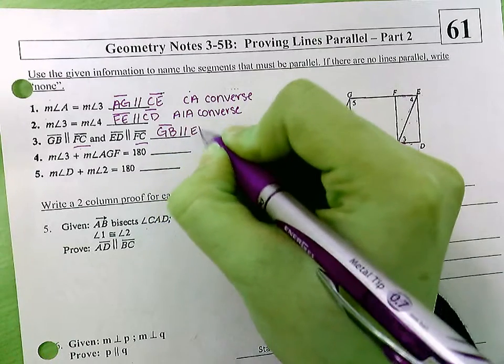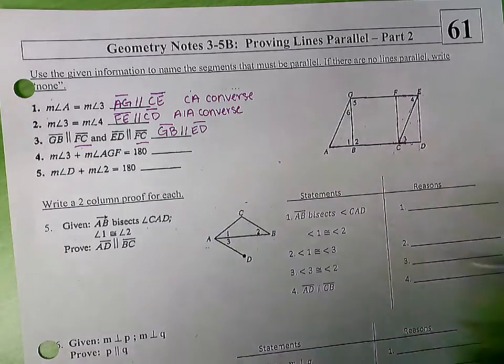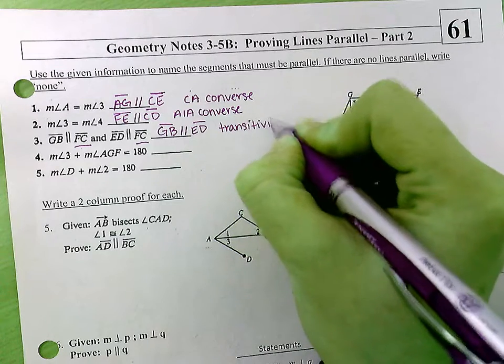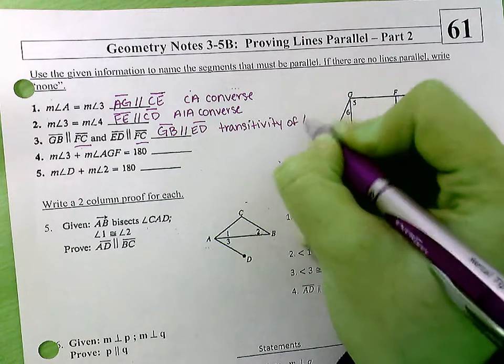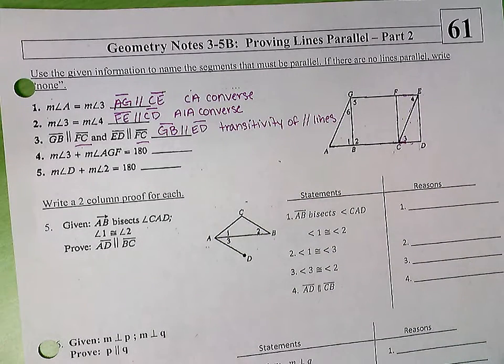GB is parallel to ED. That is the transitivity of parallel lines. Again, that was one of your reasons on the top of that note sheet from yesterday. It kind of looks like the transitive property because they're both parallel to the same line.